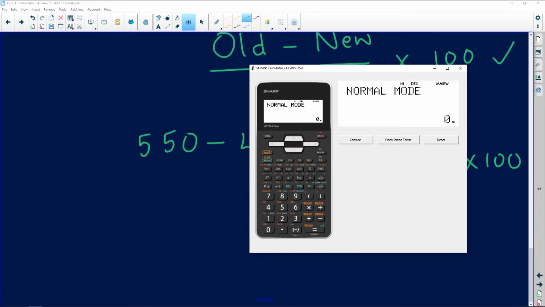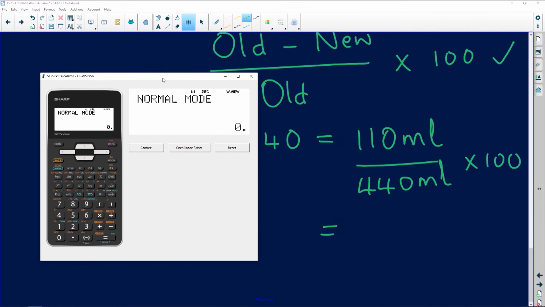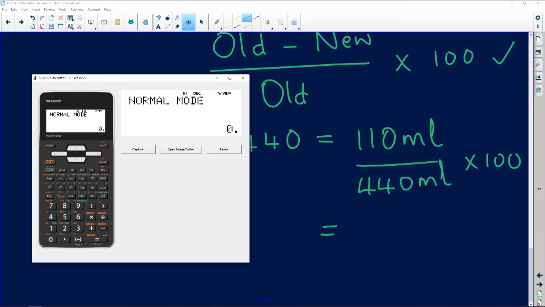I want to actually prove these against each other. 110 over 440 times 100.